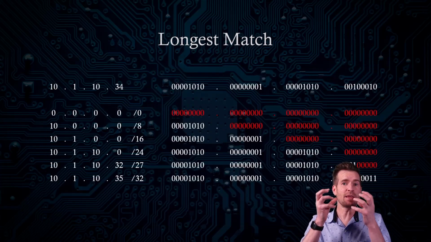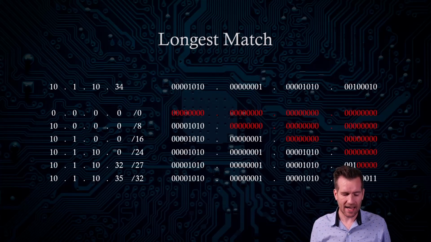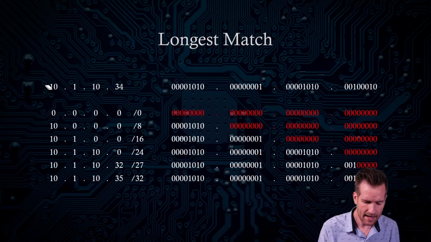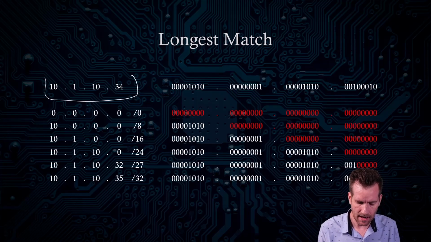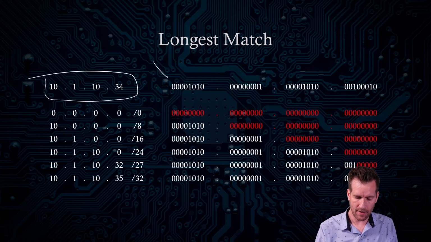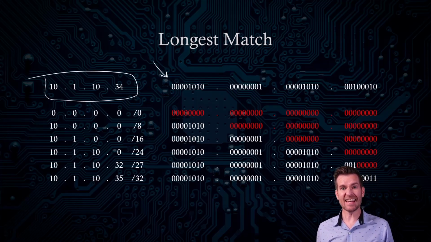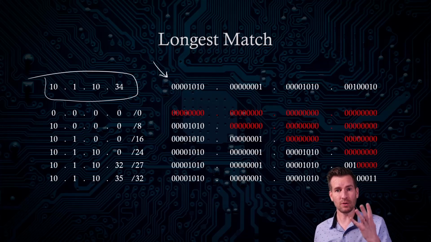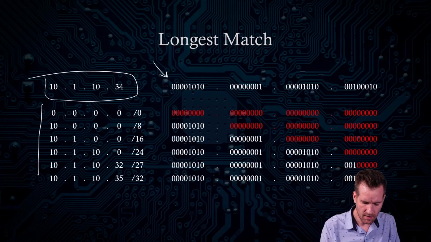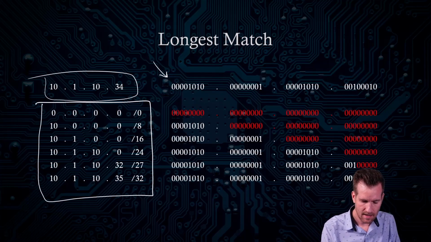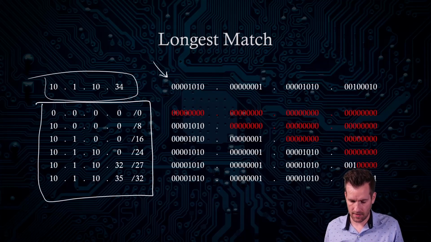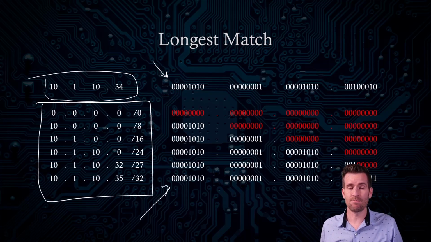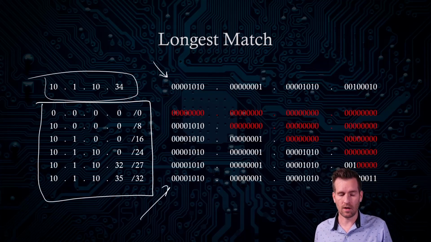Let's say an IP packet comes into a router and it's destined for 10.1.10.34. I've also got the binary equivalent of that. In its routing table, it has multiple network statements. So here are some of the network statements that exist on there. What I've done is I've created a binary equivalent to all of that.